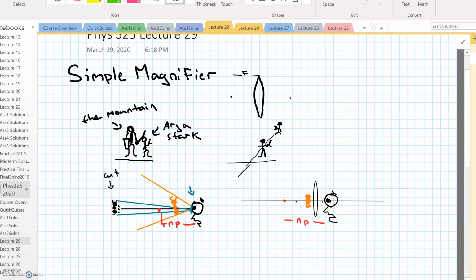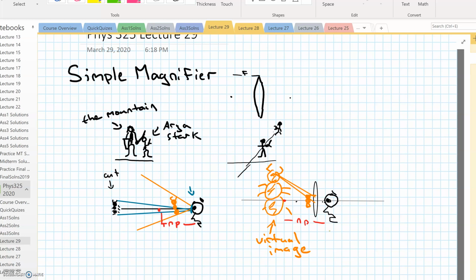Therefore, it will cast a virtual image. That virtual image consists of diverging rays, so we can't form an image on a piece of paper. However, our eyes can converge it, and it looks as though there's a giant ant past our near point that we can therefore resolve. And we get a much larger angle subtended by that giant ant.